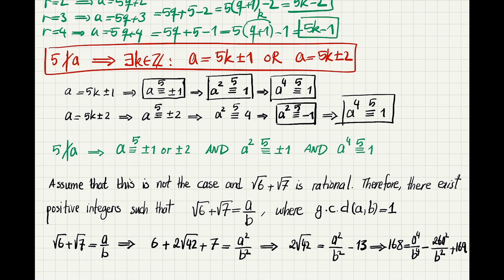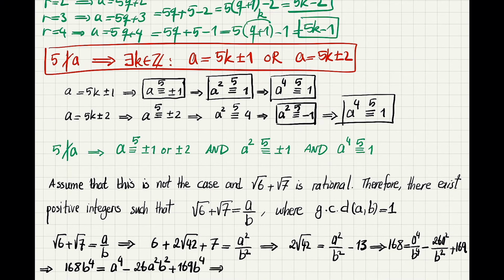Okay, and then what I do, I multiply both sides by b to the 4, so it becomes 168 b to the 4. On the right hand side, I will have a to the 4 minus 26 a squared b squared, and then finally 169 b to the 4.